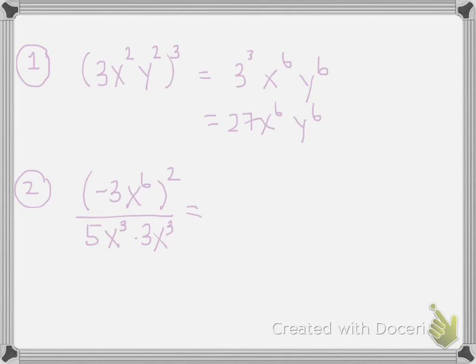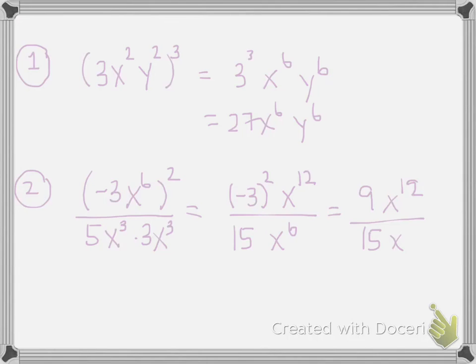So this is going to be a negative 3 squared, x to the 6th times 2, which is an x to the 12th. Multiply here, so 5 times 3 gives you 15, and x to the 3rd times x to the 3rd is x to the 6th power there. So a negative 3 squared is going to be a positive 9.